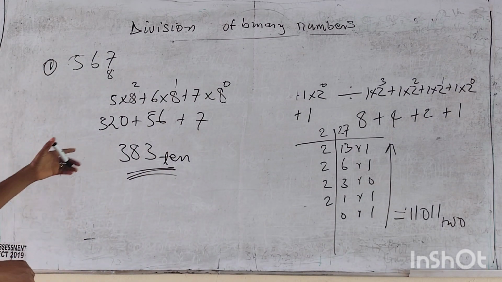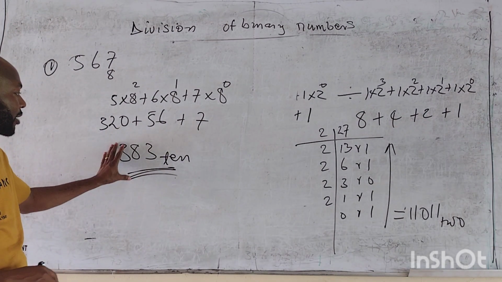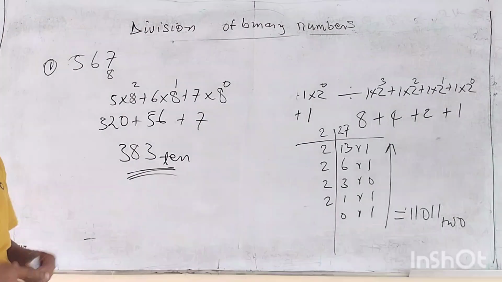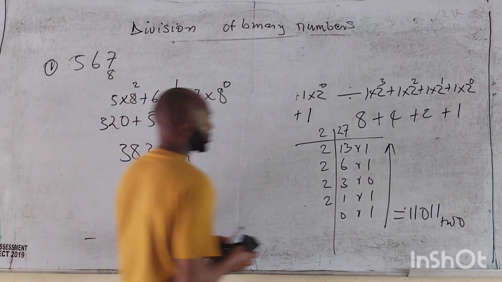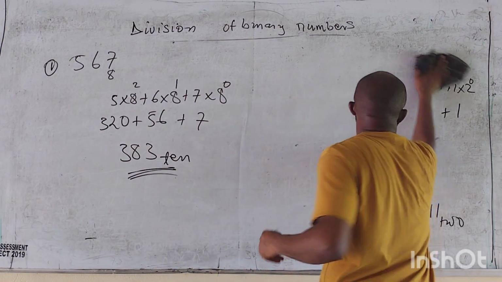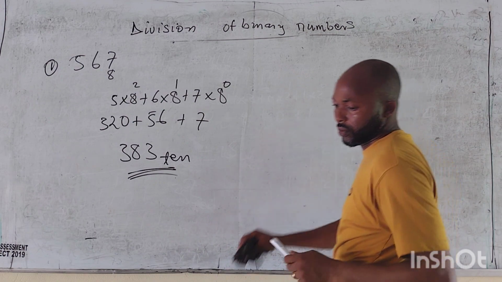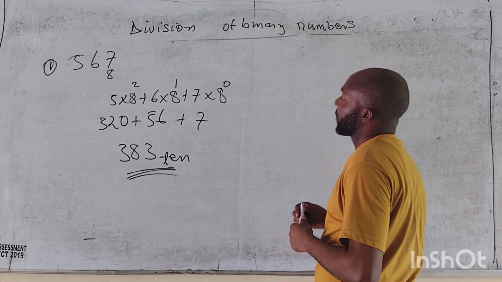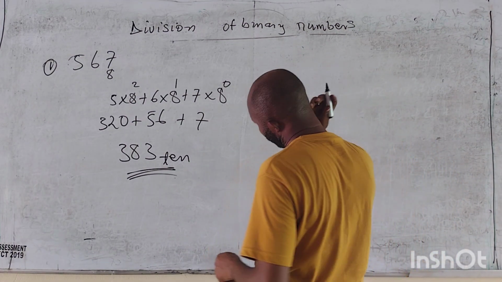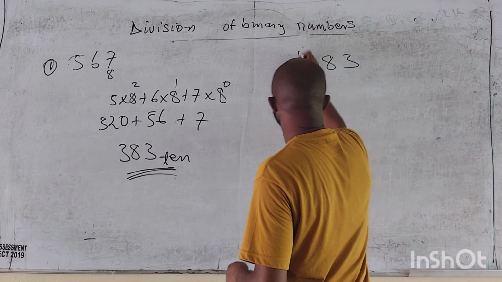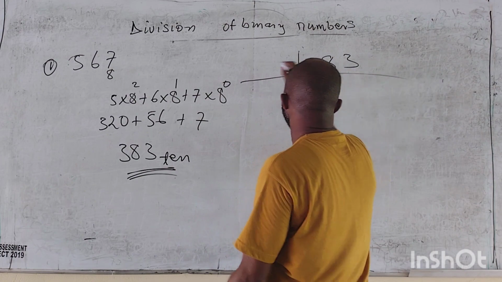So if we want to move to base 2, this answer to base 2, we divide successively by the base. So let's take this to base 2. Now, we want to move to base 2. We have 383, 2.